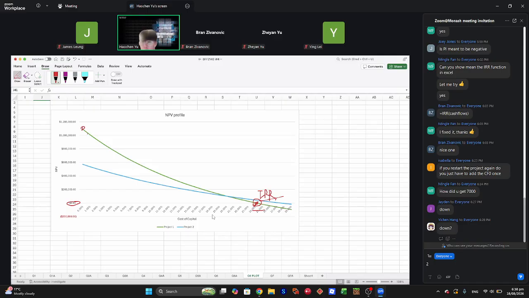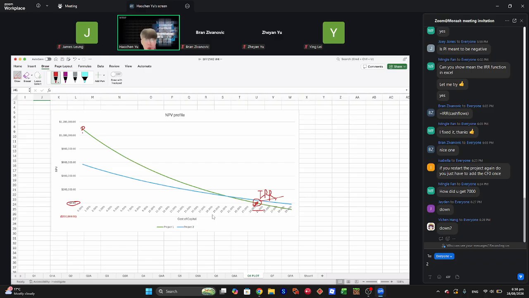If we use a discount rate of 0% and apply the NPV formula to get the value, this is also called the undiscounted cash flows. Because we apply a discount rate of 0, which means there is no discount.